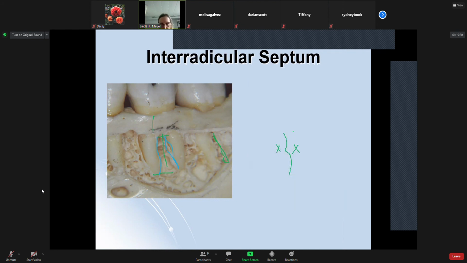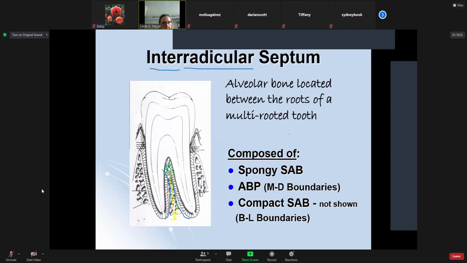It's the same as the interdental septum: spongy bone lined mesial distally by alveolar bone proper, shown in blue, and then not shown, it's covered by compact bone.